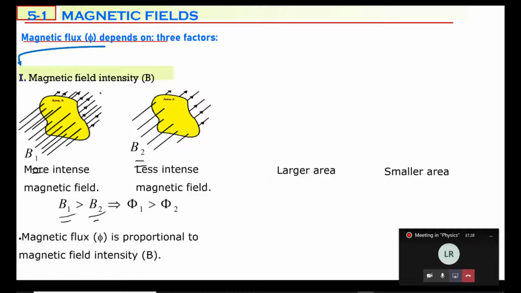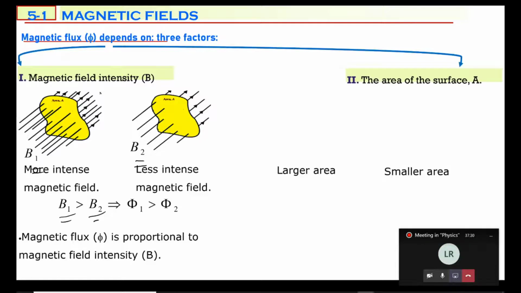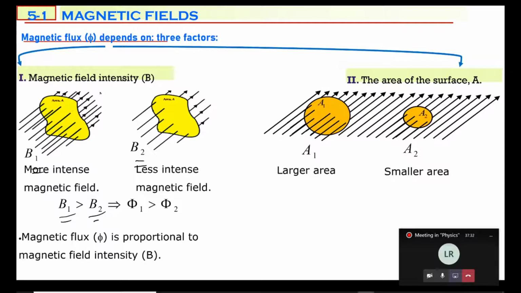And the second factor is area. Now I put 2 areas in here, but I keep the magnetic field constant. Everywhere the magnetic field is constant because I draw the lines at equal distances. But one area is larger than the other. Which area is larger? A1. So A1 will have a greater magnetic flux.